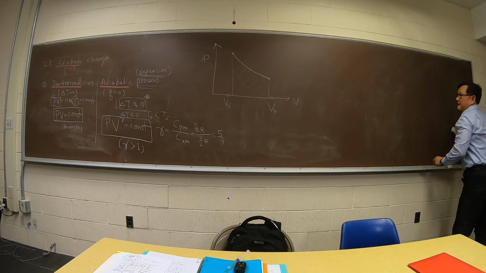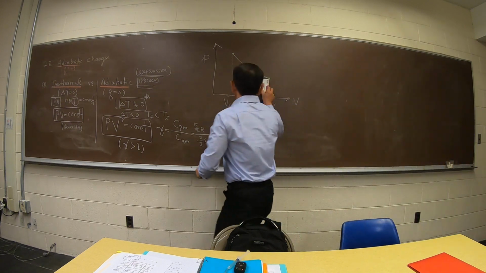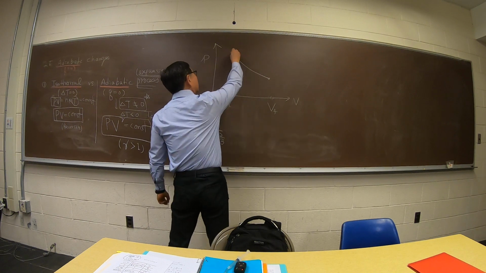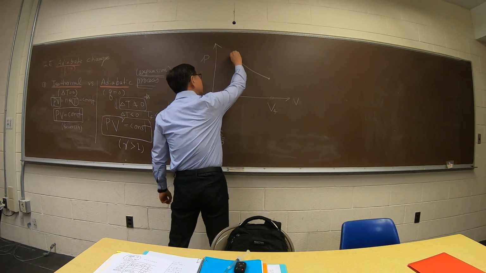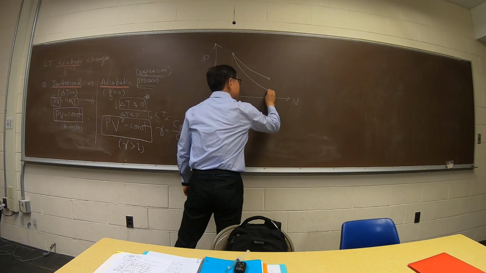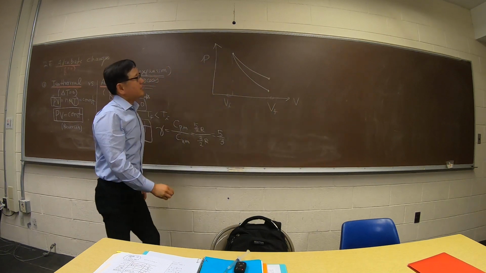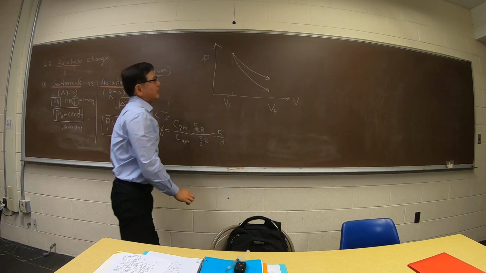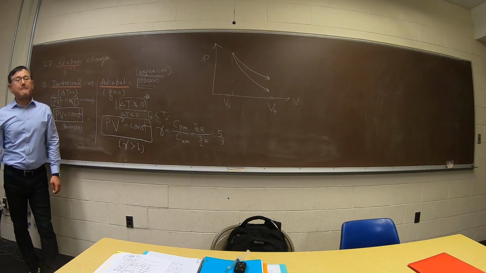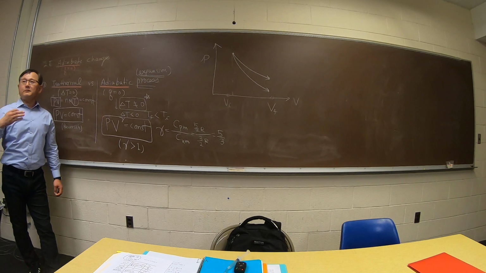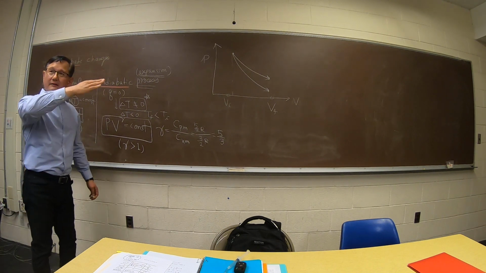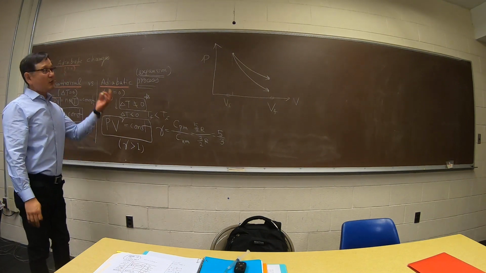Now I'm going to draw the two curves here. Same initial volume, same final volume. One process is isothermal expansion, the other is an adiabatic expansion. One experiences a much steeper decrease, and the other is a milder change. Which one is which?